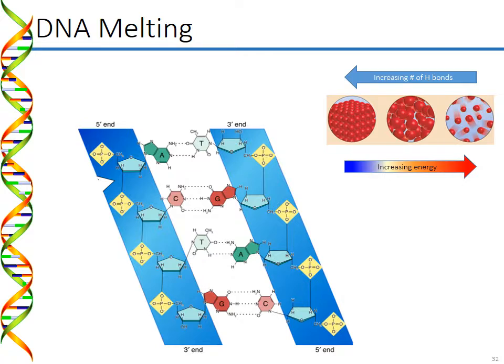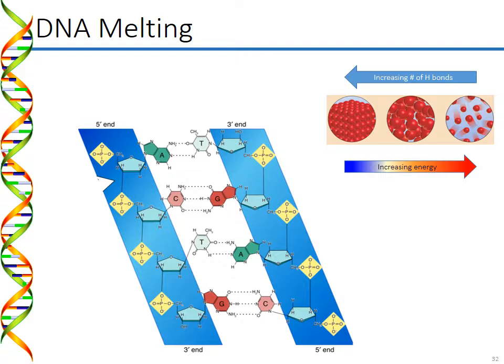As we increase the amount of energy, for example, thermal energy, in the system, we would end up with eventually liquid water and then ultimately steam as the number of hydrogen bonds between the various molecules decreased as a result of the increasing energy.